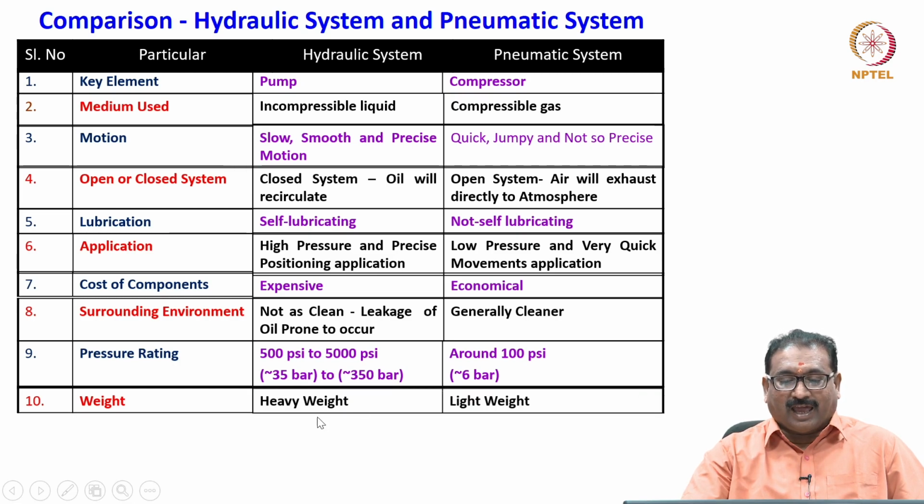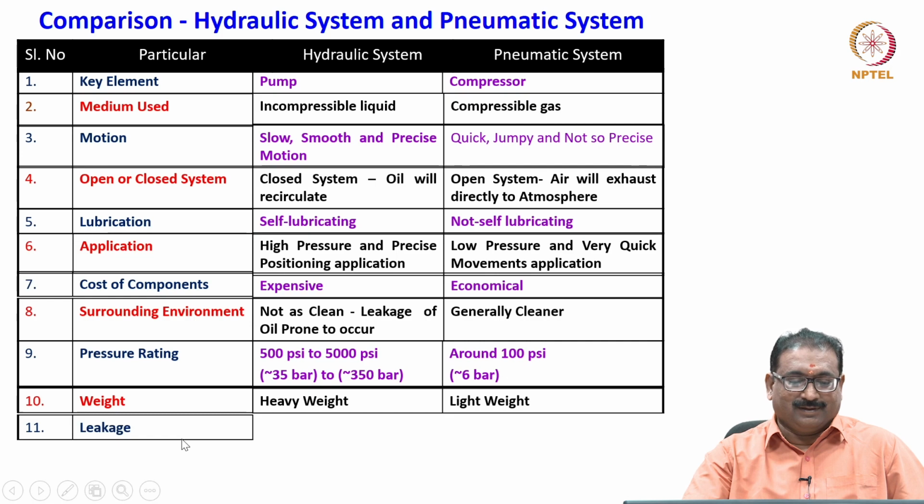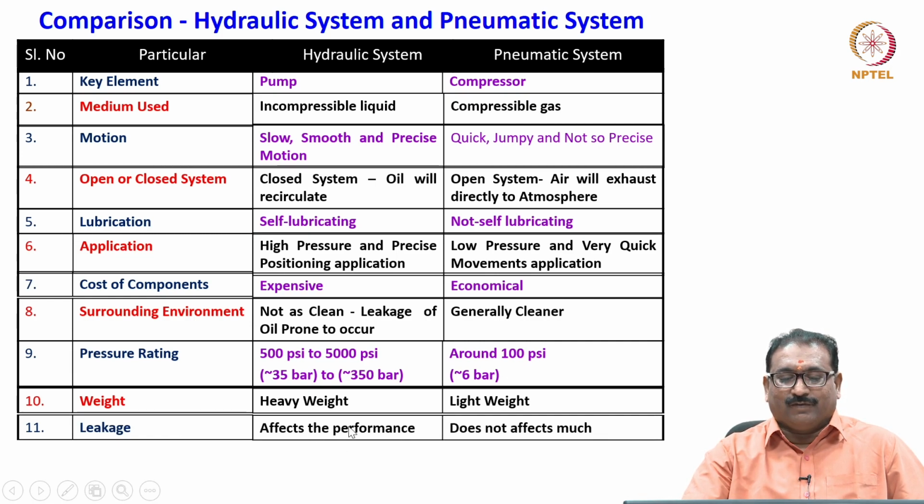That is why they are heavy duty, heavy weight. Pneumatic systems are very light because the pressure is 6 to 10 bar in normal pneumatics. Leakage of oil will affect the performance. Here leakage of air does not affect much.